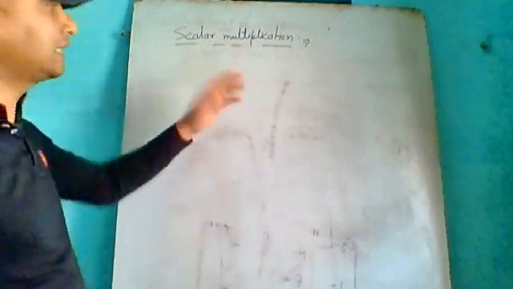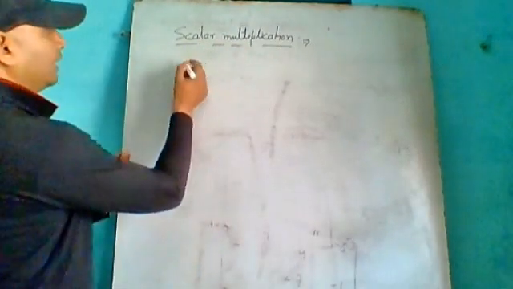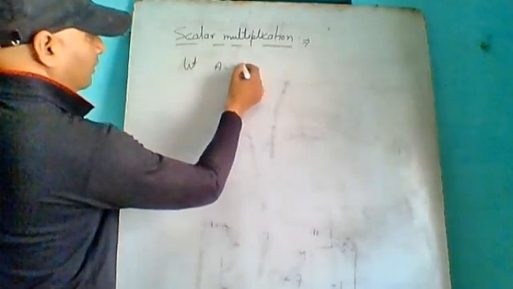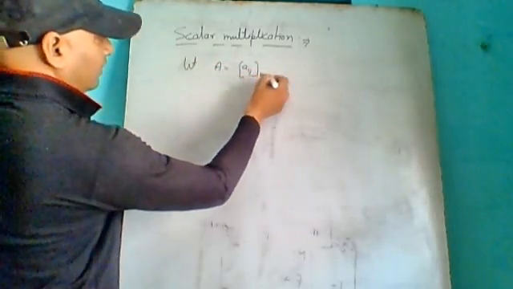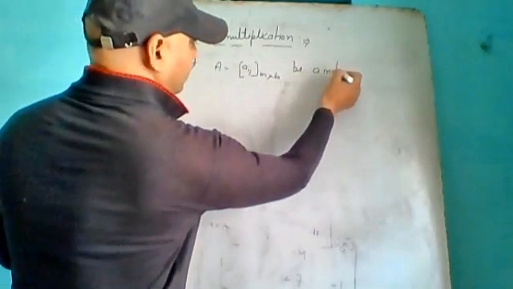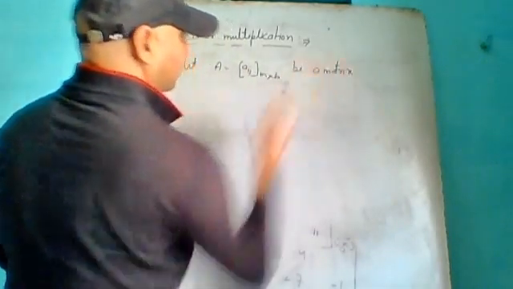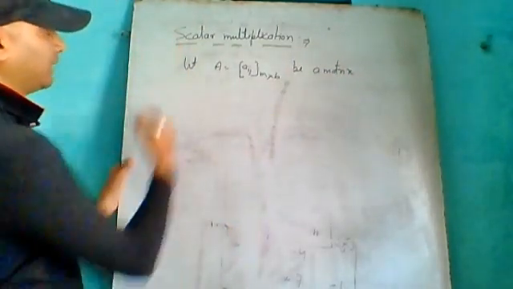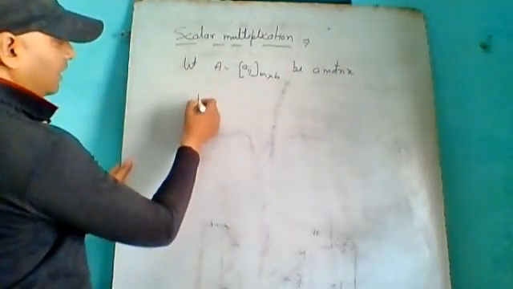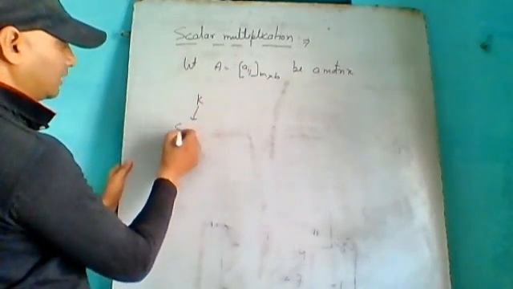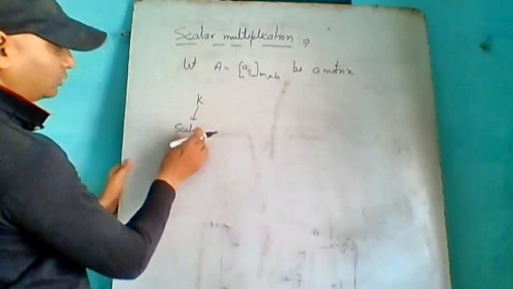Now, scalar multiplication, right? Scalar multiplication. Suppose that A ij is a matrix. Now, what is the scalar multiplication? Say K is a non-zero scalar quantity, non-zero, right?